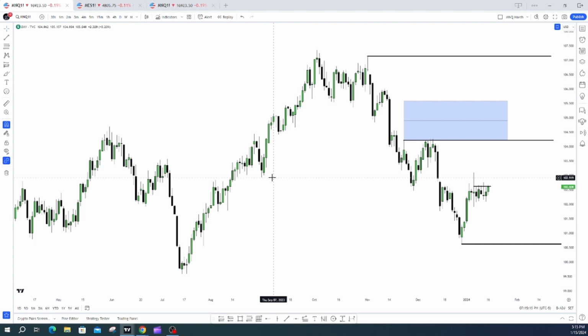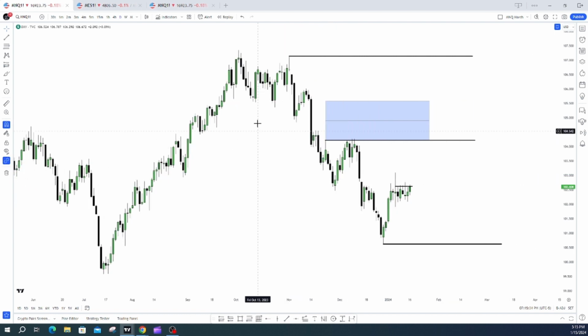And we're going to talk about institutional trading, institutional levels, interbank levels, central bank levels. They're all the same. But just know that the price of the dollar index is controlled by the central bank.